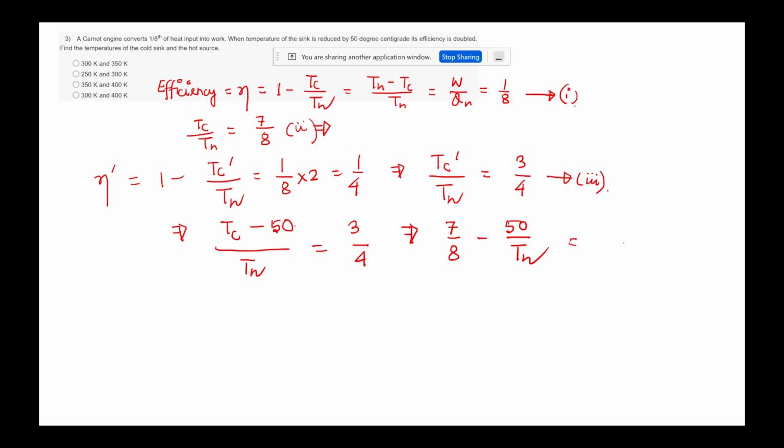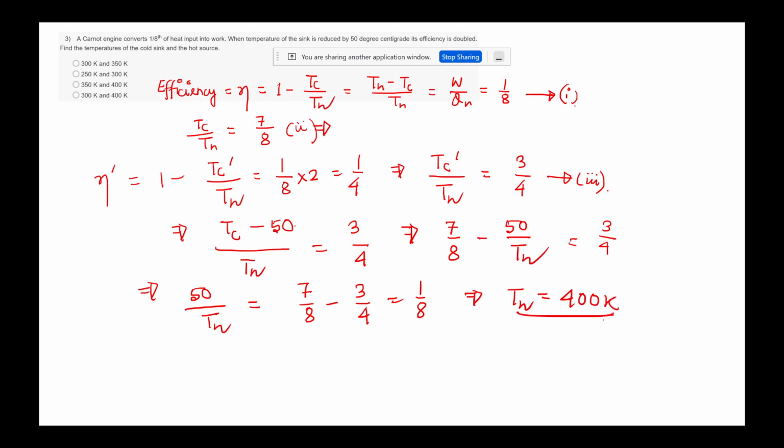So 50 by Th is 7 by 8 minus 3 by 4, that becomes 1 by 8, which gives Th as 400 Kelvin. Now if Th is 400 Kelvin, Tc should be 7 by 8 into Th, and that produces 350 Kelvin.